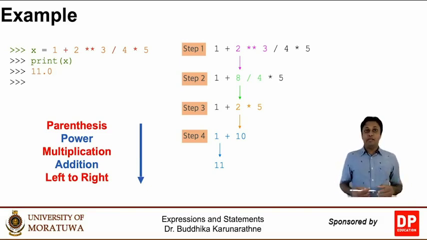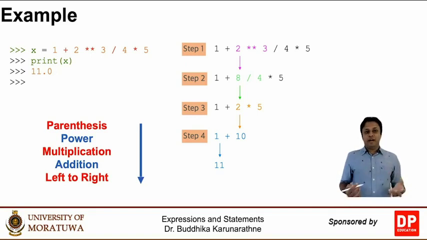The result of step 1 is 8. Then in step 2, we have both multiplication and division, which are similar in priority level. So we apply the left to right rule and we find division before multiplication.